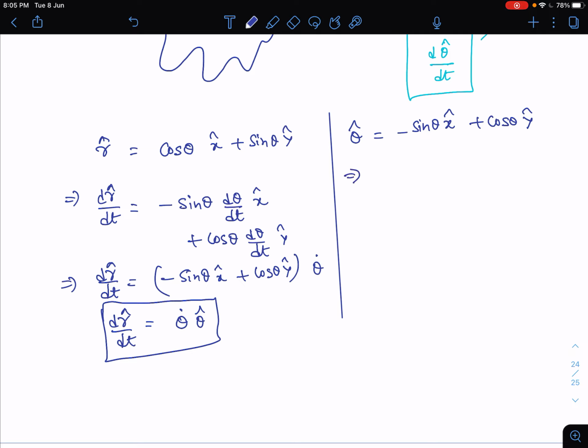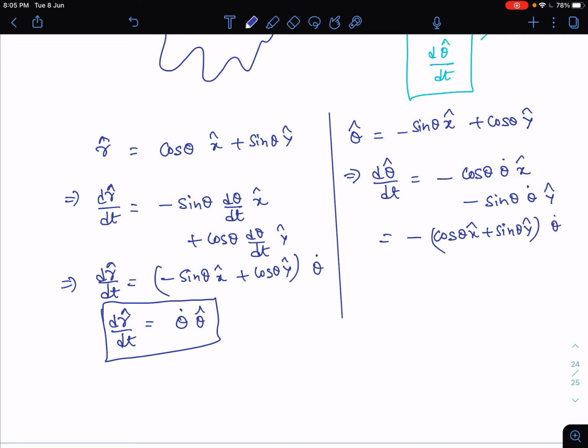So now let us calculate d theta cap by dt. That term is minus cos theta x plus minus sin theta y, times theta dot. So that is minus cos theta x plus sin theta y times theta dot.